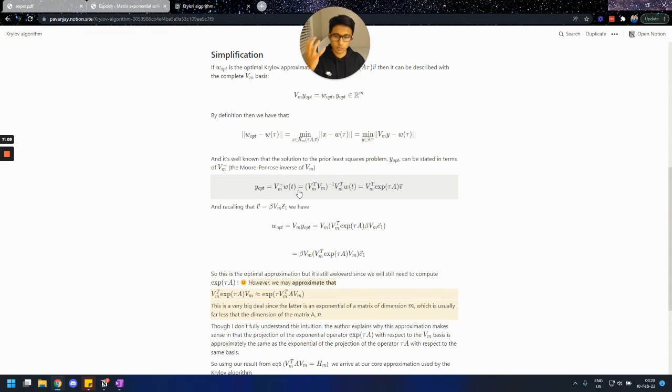And you don't need to know what the Moore-Penrose inverse is. All you need to know is that it expands actually into this. That's what it is by definition. And recall that V sub m transpose times V sub m is actually the identity matrix, because V sub m is a matrix full of orthonormal basis vectors.